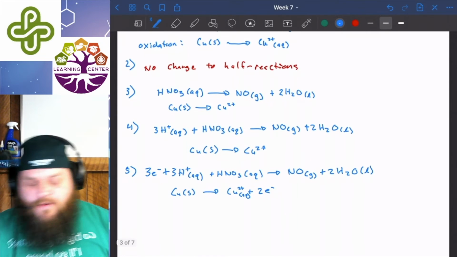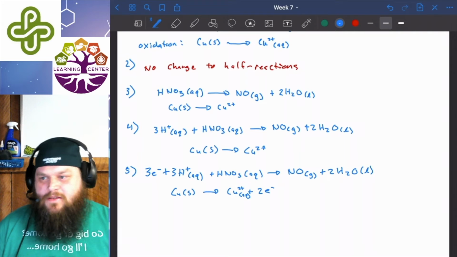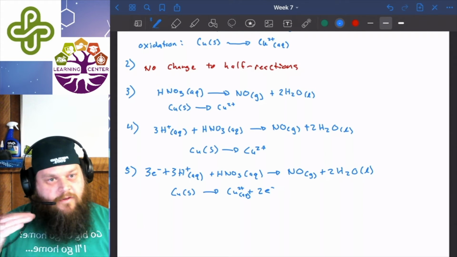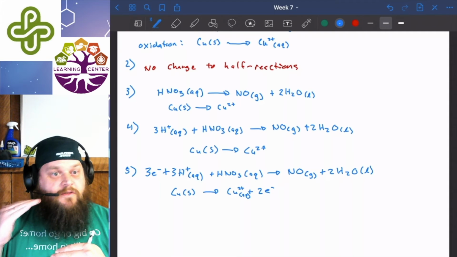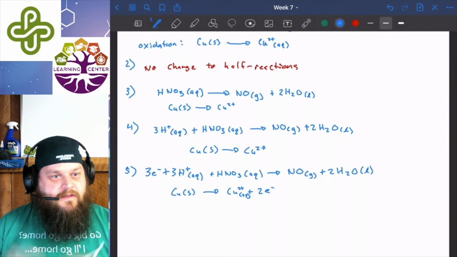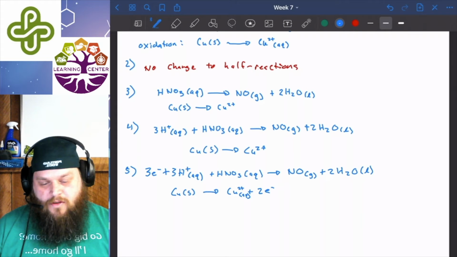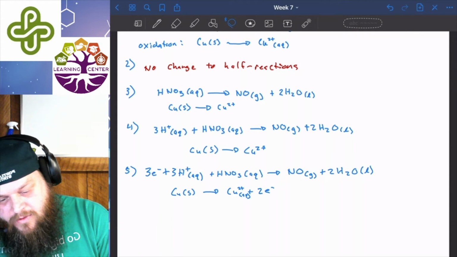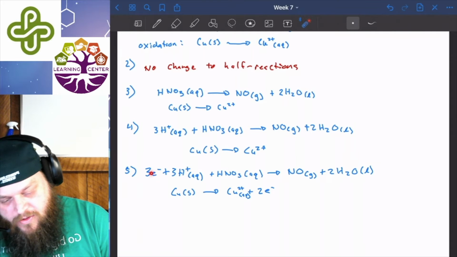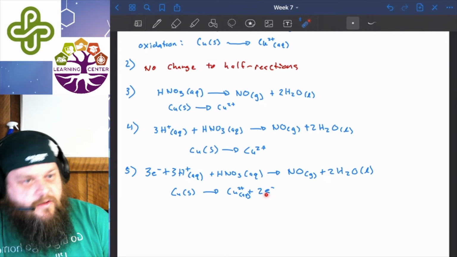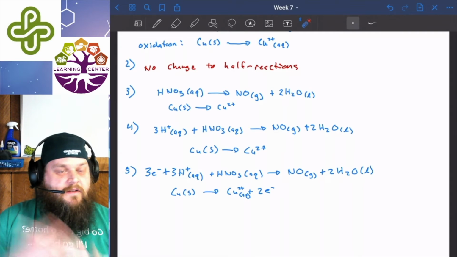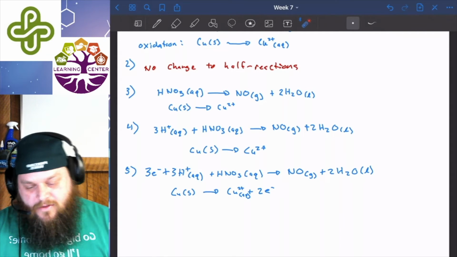So now we want to make sure that we're balancing the number of electrons on the first equation with the second equation. The electrons produced need to equal the electrons consumed. In this case, the electrons consumed are these 3 up here, but we're only producing 2 electrons. So we don't have enough electrons being produced to consume the other ones, and vice versa.